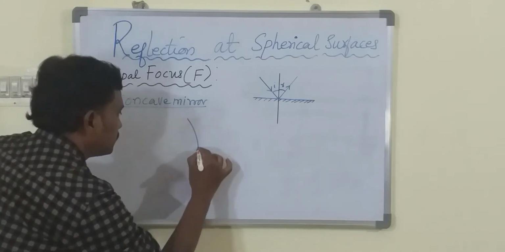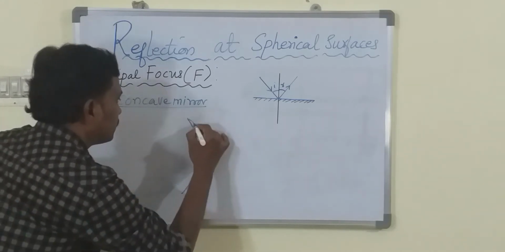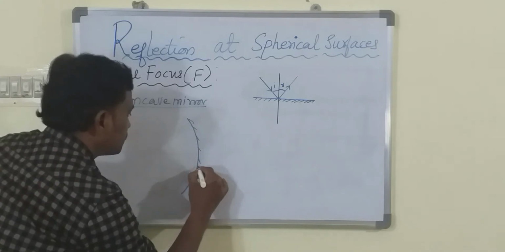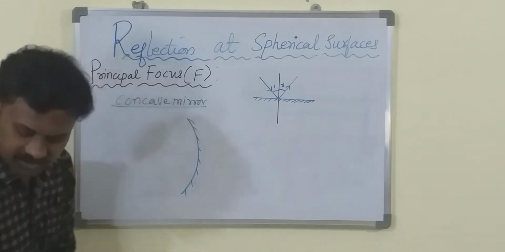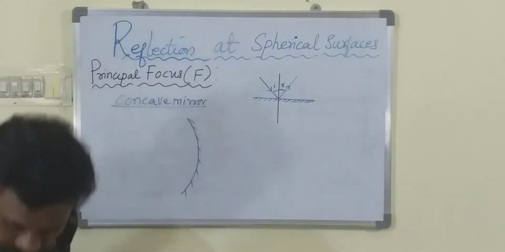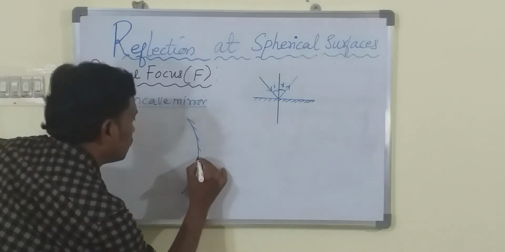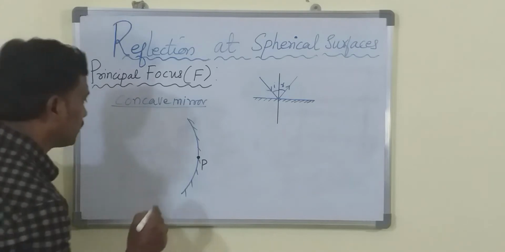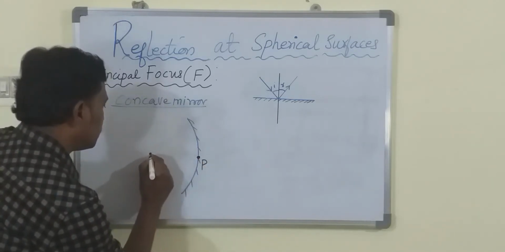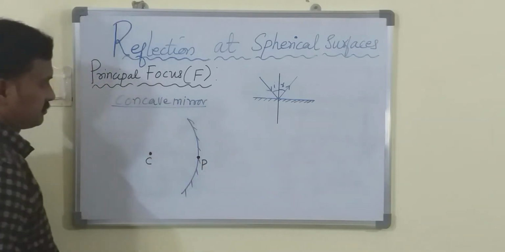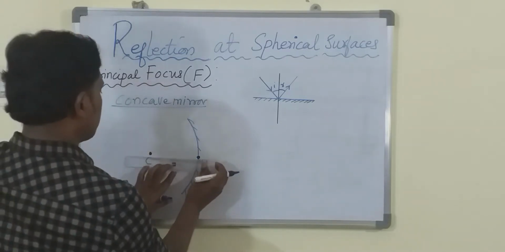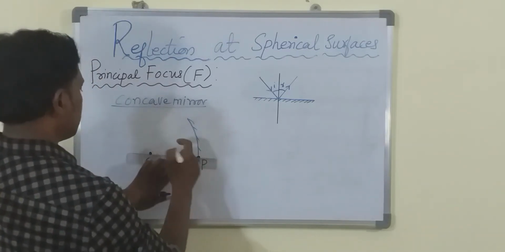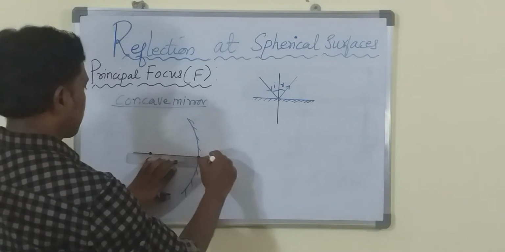So this is a concave mirror, and this convex part is shaded. This is the pole of the concave mirror, and we have the center of curvature here, and the line joining the center of curvature and the pole is called the principal axis.